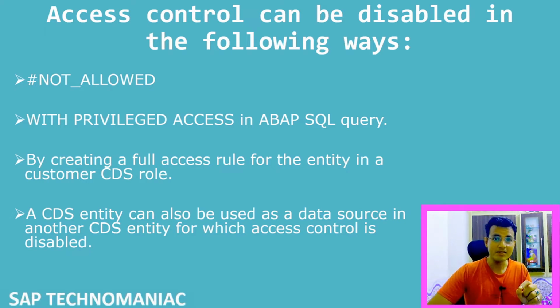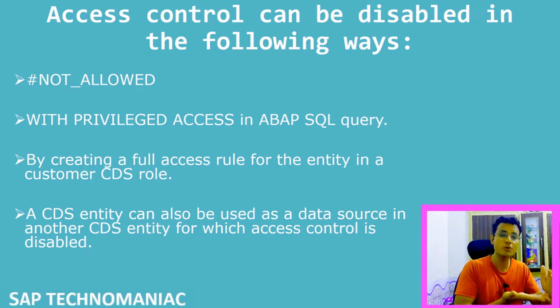And the last thing: if one CDS entity is used in another CDS entity, suppose CDS entity 2 is used inside CDS entity 1, but CDS entity 2 has some restriction, then when we access CDS entity 1, those restrictions will not be applied, because a DCL works only for the CDS view for which it is created, not on the sub CDS views.